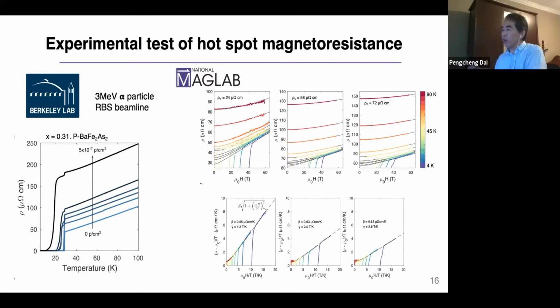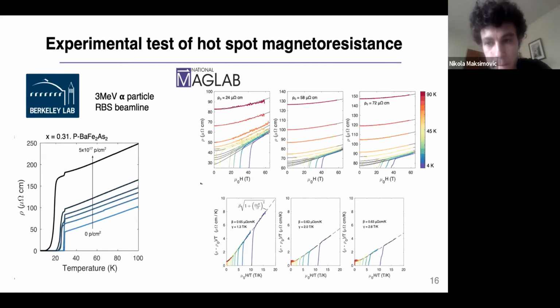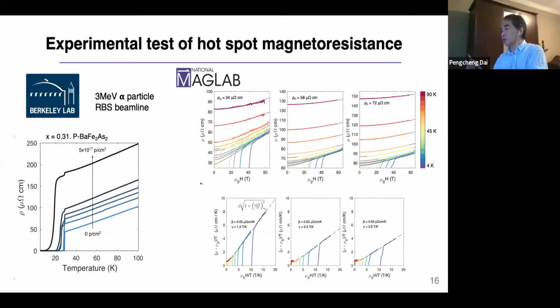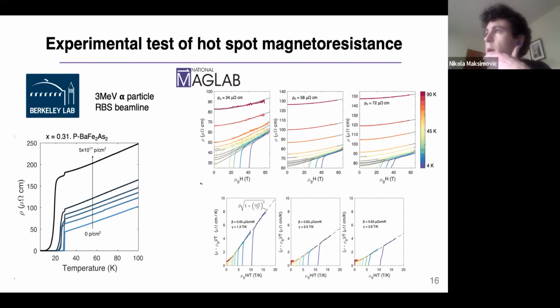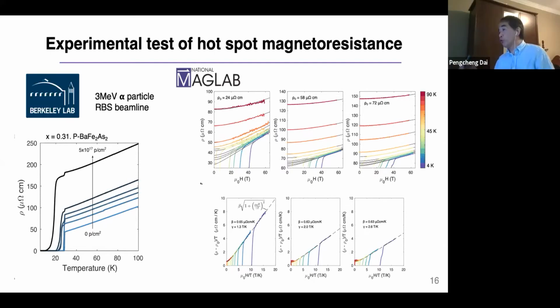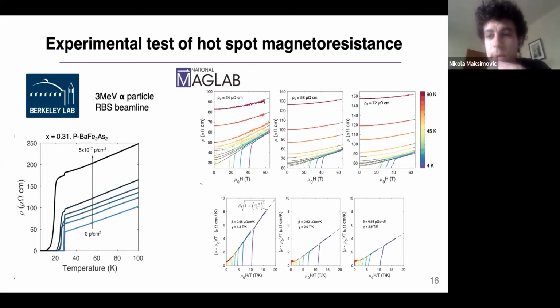Whether 45 degrees makes any difference, because you're arguing that this MR effect is basically opening up the gap, and that has a particular direction in real space. It does, but I think if you have tetragonal symmetry, it shouldn't depend. No, but I mean, if you apply the current at 45 degrees between A and B. Yeah, I'll have to think about it. Maybe that's something to try. So your field is along the C-axis, right? The field is along C in all cases. Okay. Thank you.